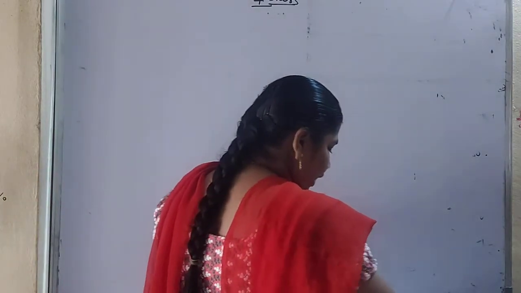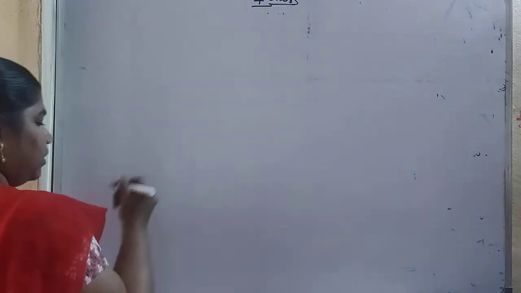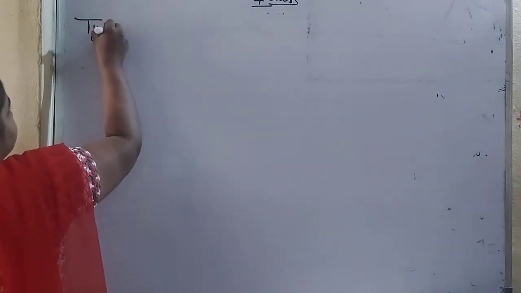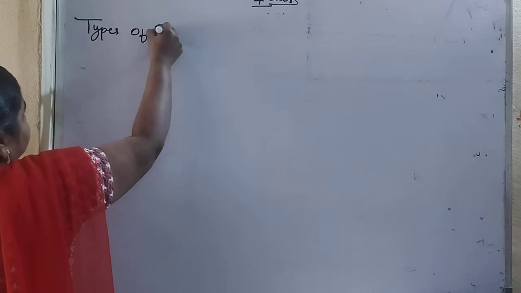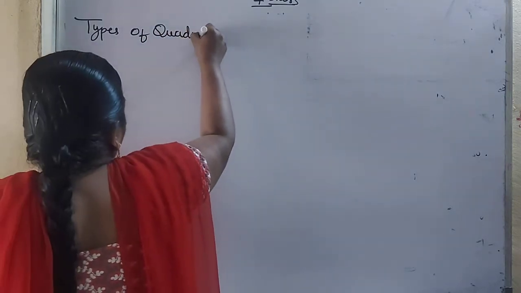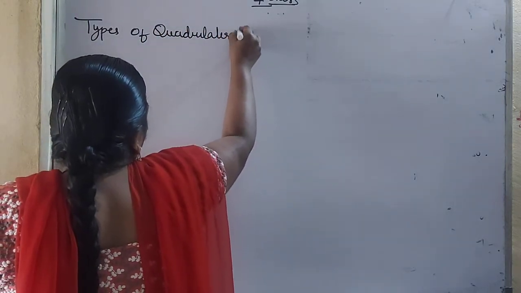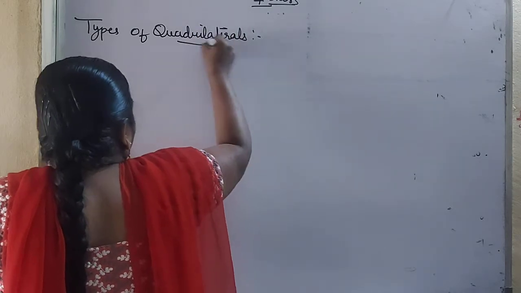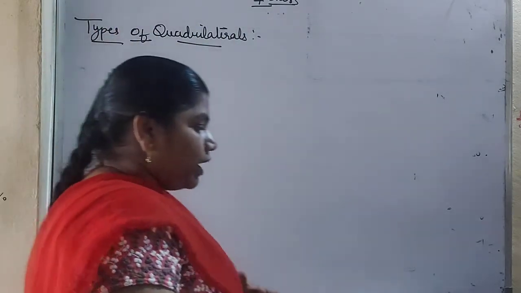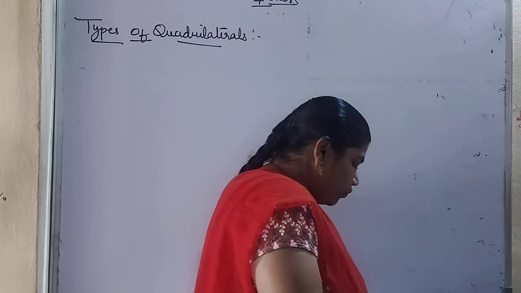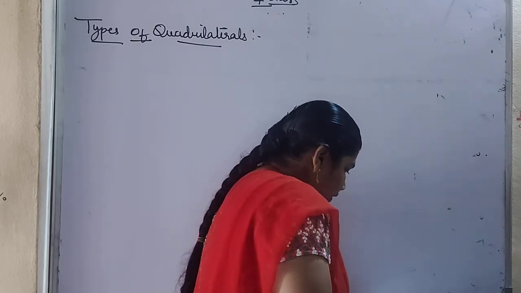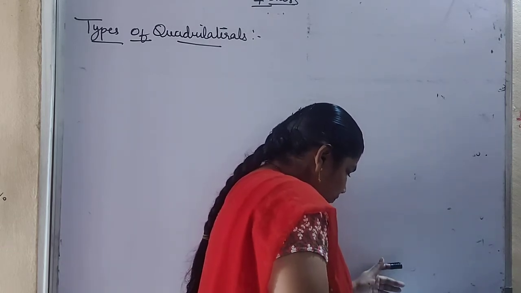So how many different types of quadrilaterals are there? We will see. Along with these types of quadrilaterals, we are going to learn what the properties of quadrilaterals are also. So what are the types of quadrilaterals we will see.